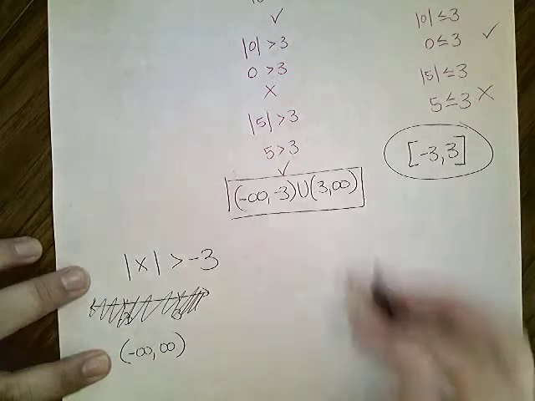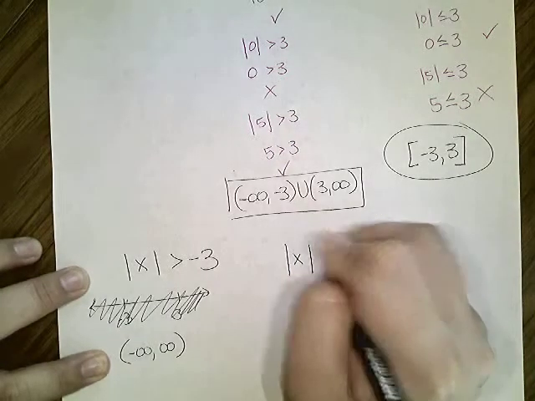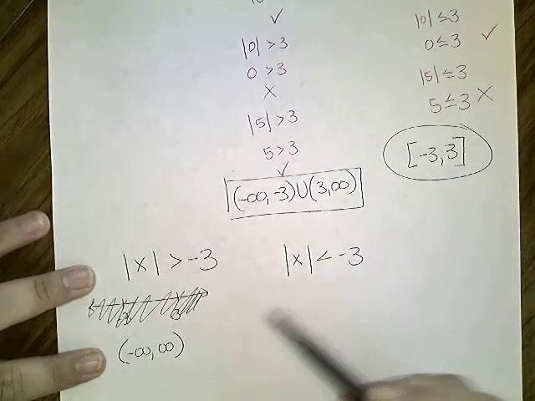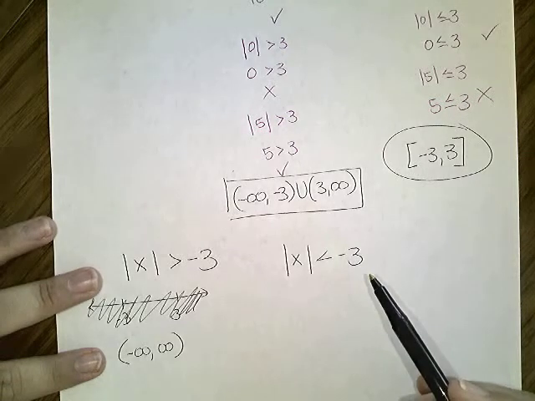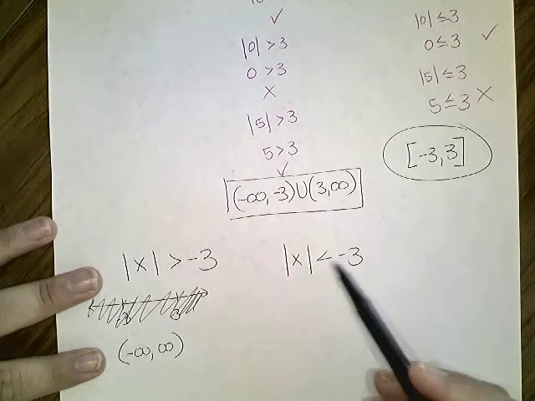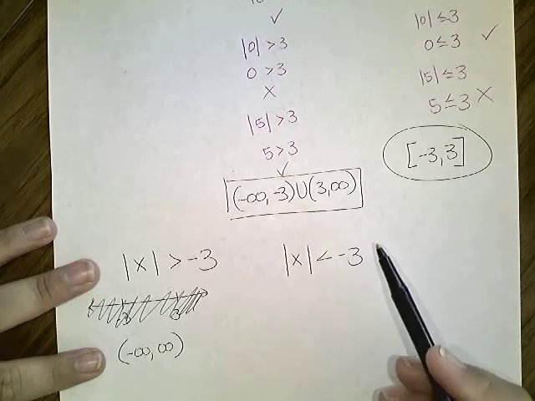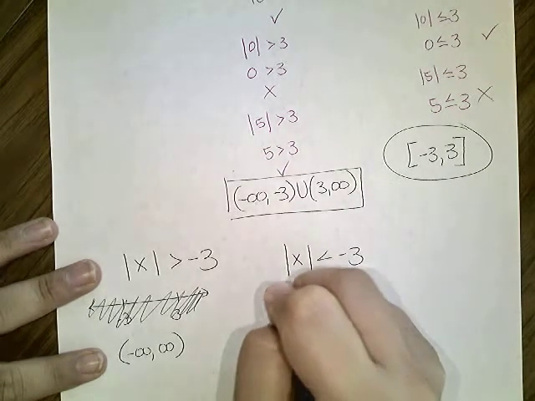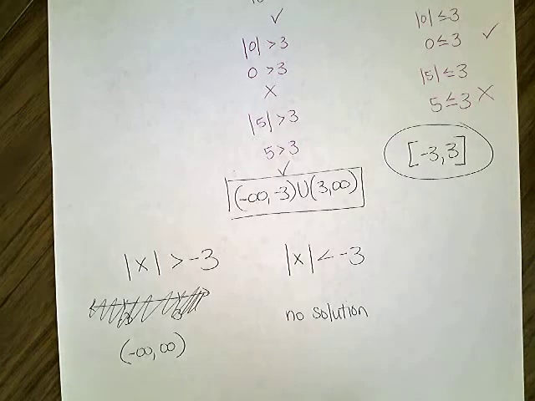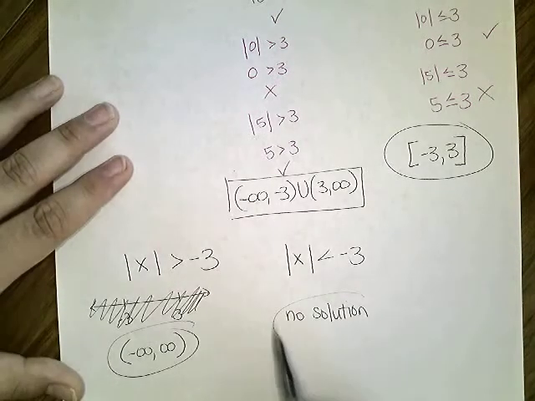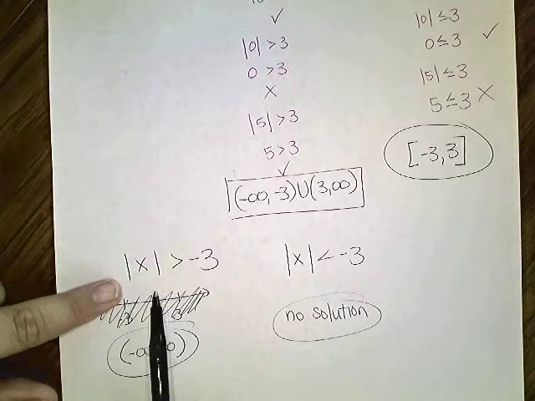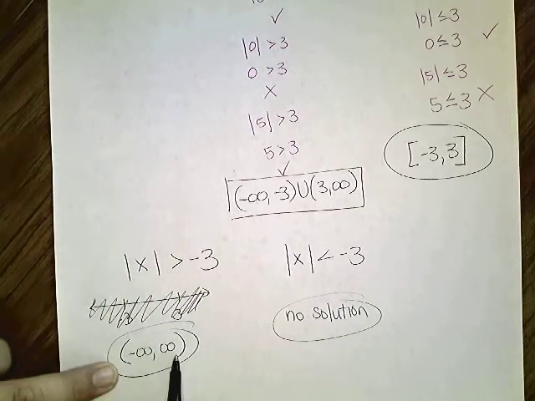Then if we think of it the other way, what if we're asking when the absolute value is less than negative 3? When is an absolute value less than a negative number? It's never less than a negative number, so you're going to have no solution. So we have 4 general scenarios. We have a scenario that logically will always happen, negative infinity to positive infinity.